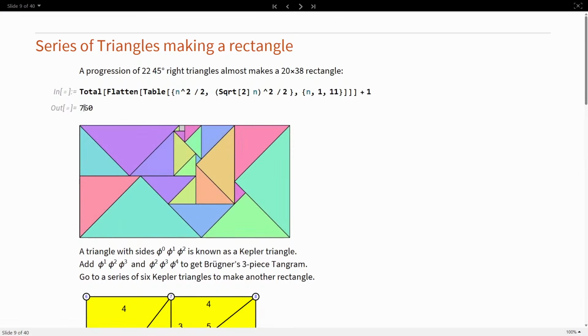They have a total area of 760, and here's an area 761 triangle that has all 22 of those triangles, and there's just this one little square at the top which isn't a triangle. So this is a nice progressive series showing how well these 22 dissimilar triangles will all fit together nicely.